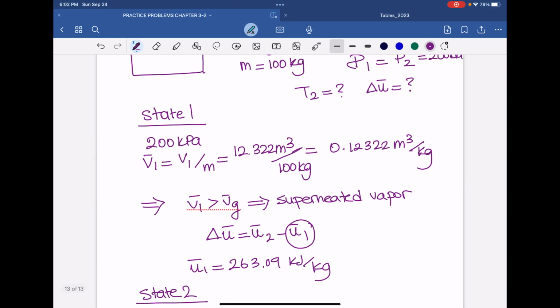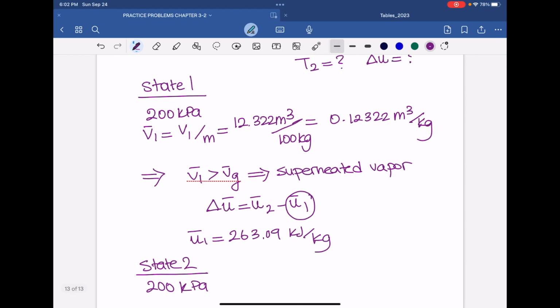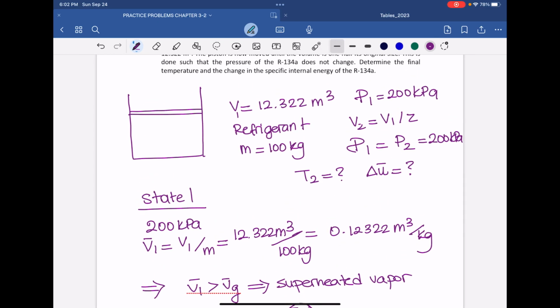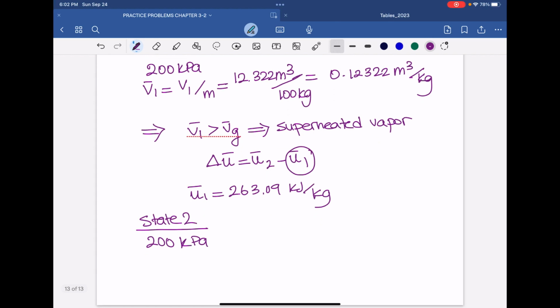At state 2, what are we given? The pressure. What else we are given is actually the specific volume, because it should be the half of it, right? Half of this volume.